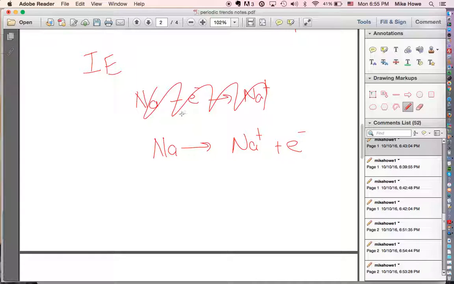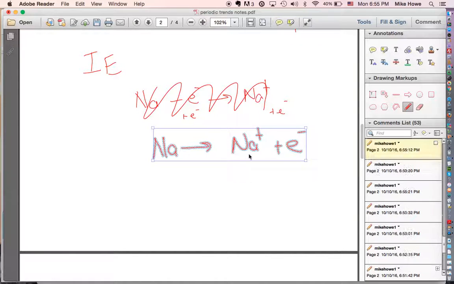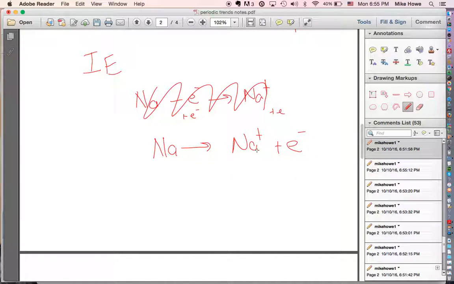If you remember back to your math class, if I added an electron to both sides of that equation, wouldn't the electron be lost? So I'm taking an electron away from this side and moving it over here. So now I've got a sodium atom that turned into a sodium ion, and an electron is released by itself.